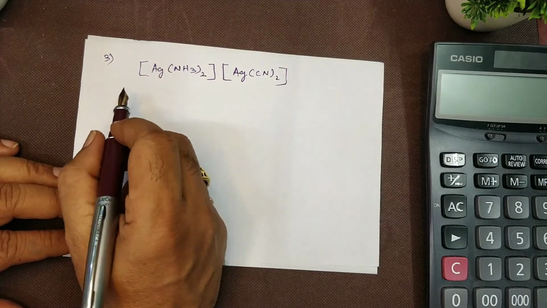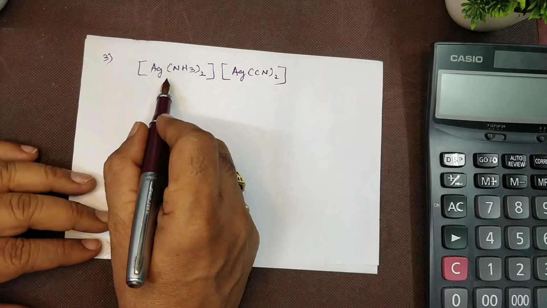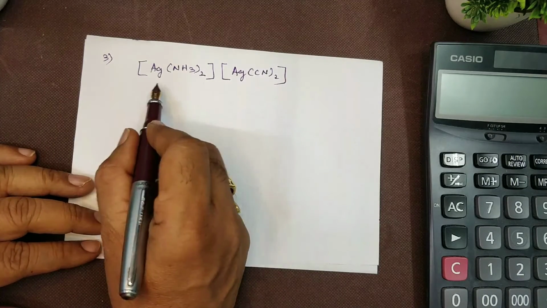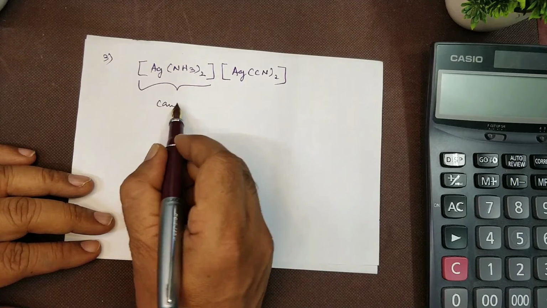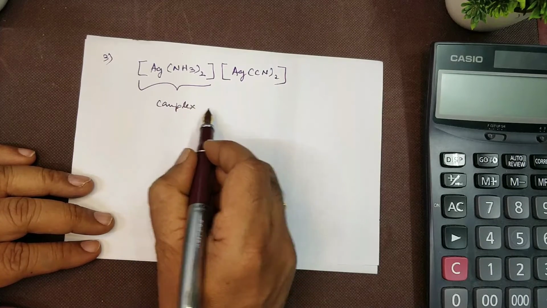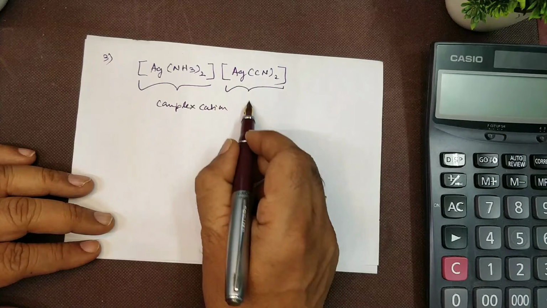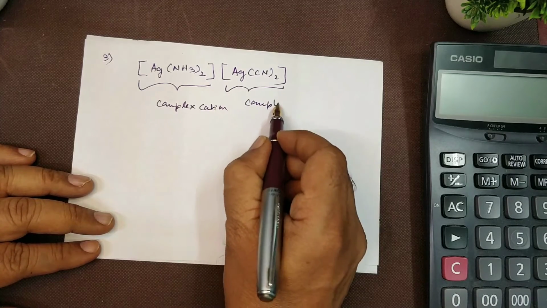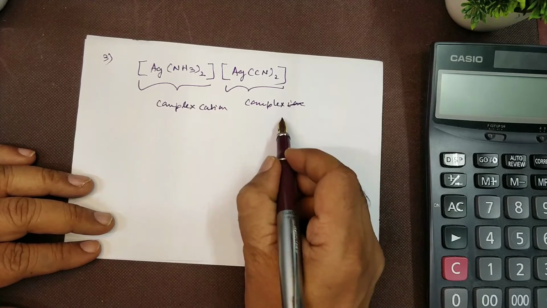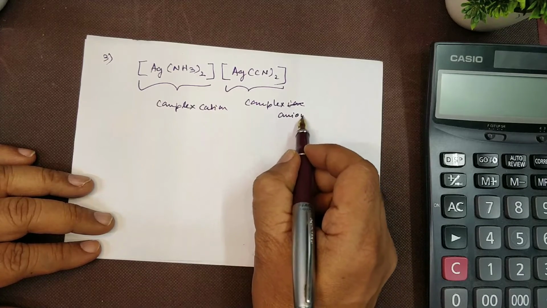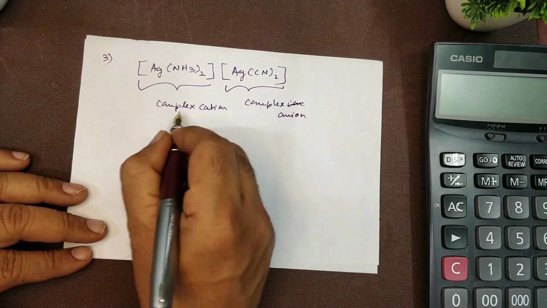Now, you have here two complex ions. The first complex ion is a complex cation. The second is a complex anion.